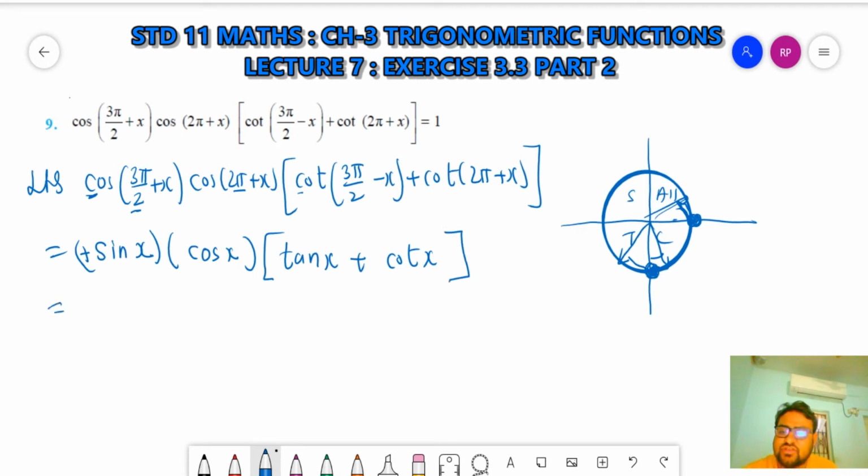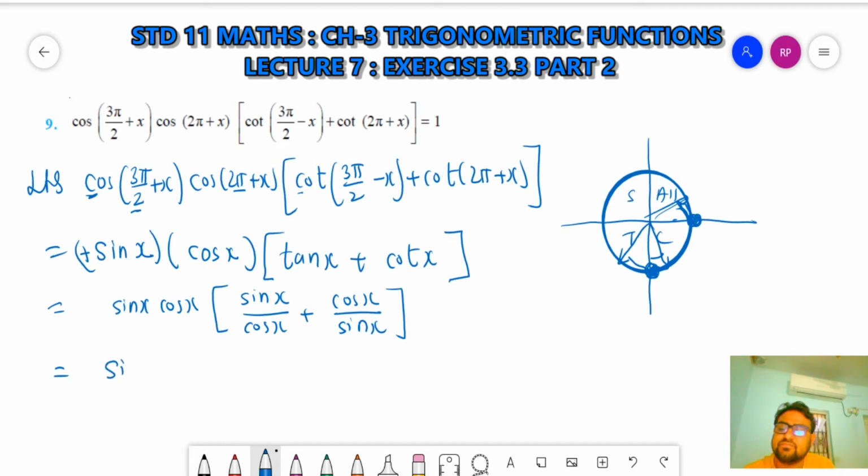So this is sin x into cos x upon tan x, which means sin x by cos x, plus cot x, which means cos x by sin x. Now let's take the LCM: cos x into sin x.